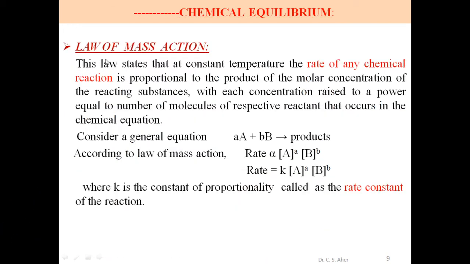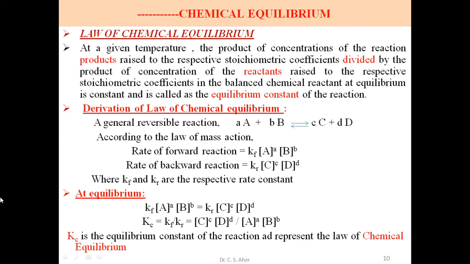So we consider the law of mass action based on concentration. A and B are the reactants, that is, the starting materials. Again we have the law of chemical equilibrium, which is again based on the law of mass action. Forward and backward reactions are equal at equilibrium condition.